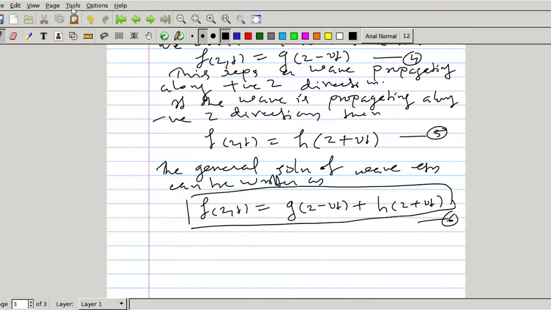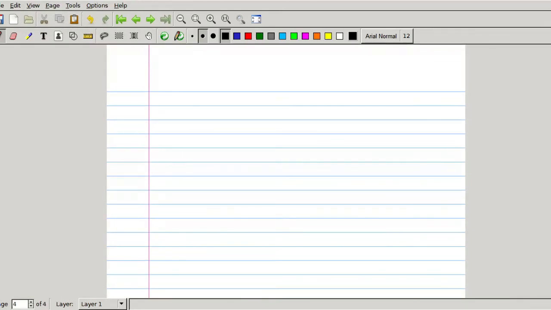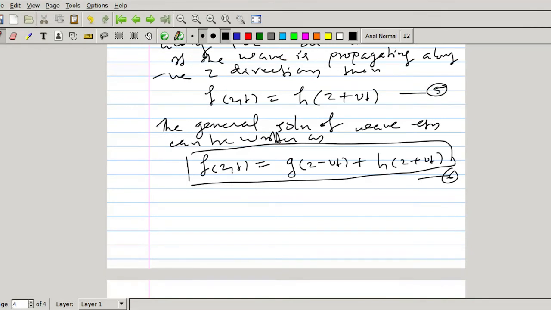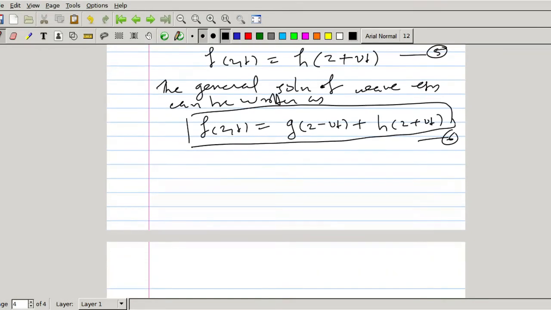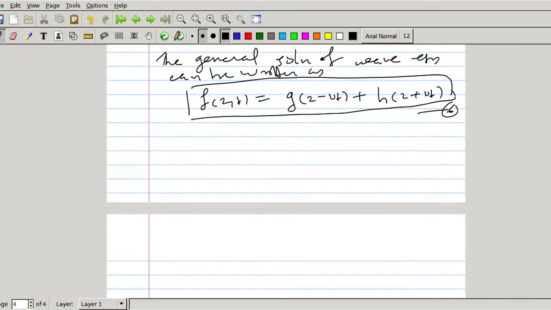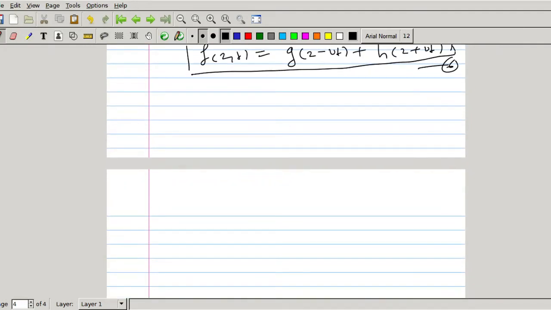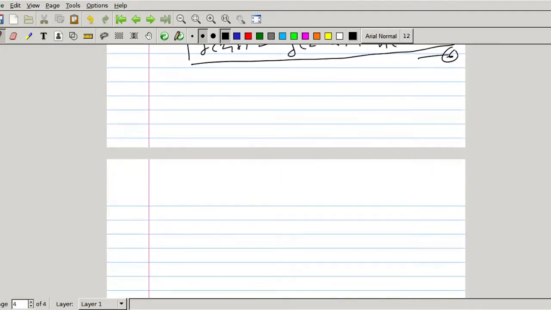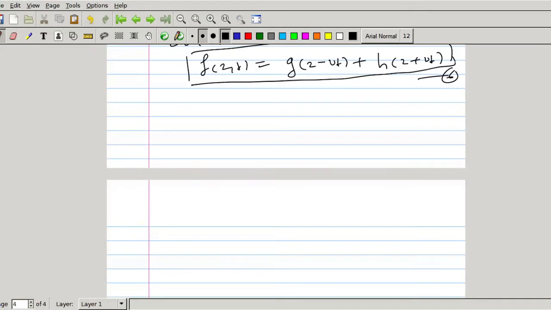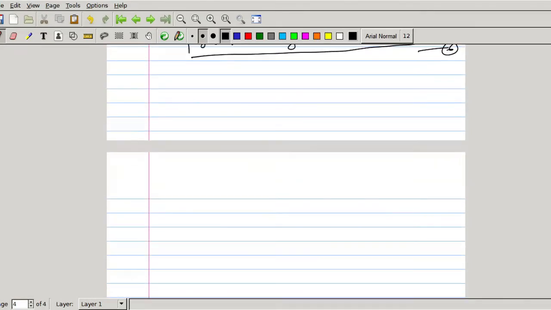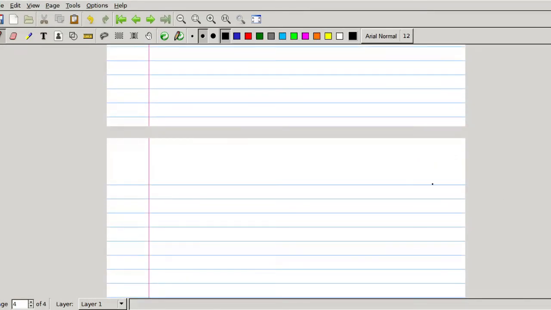Equation 4 represents the wave propagating along the positive z direction, and equation 5 represents the wave propagating along the negative z direction. So the general solution will be a linear combination of these two. So we can write the general solution as equation number 6.